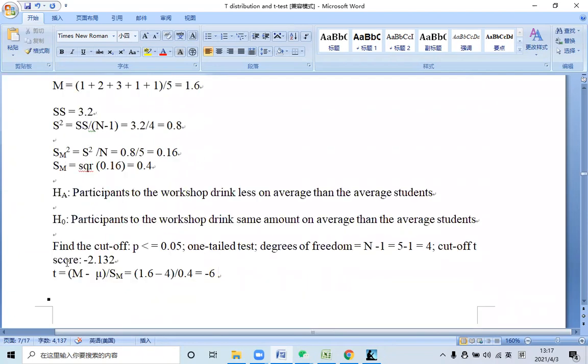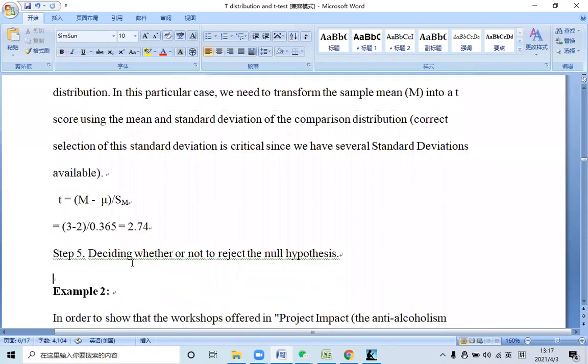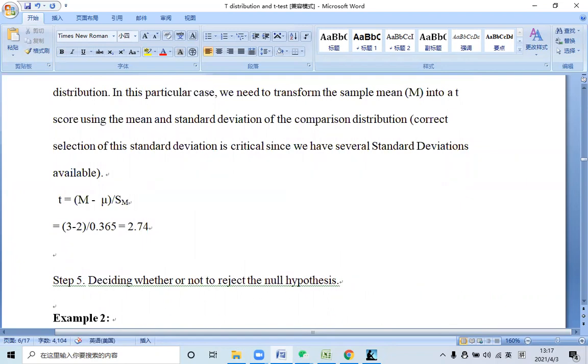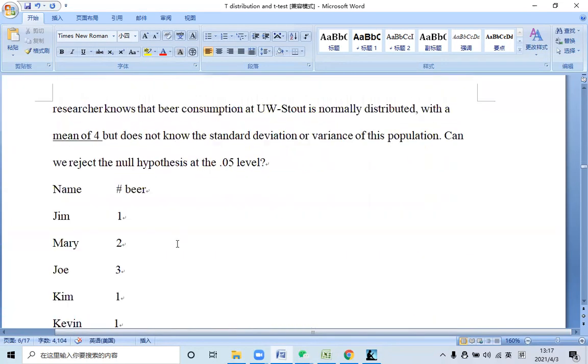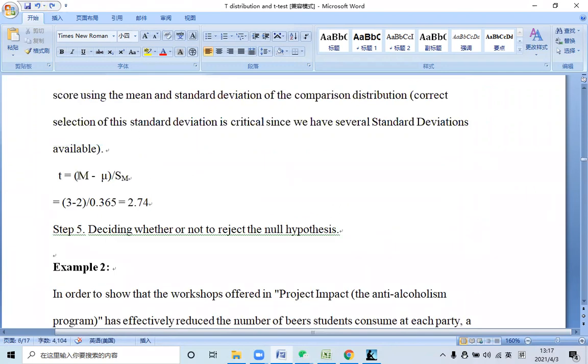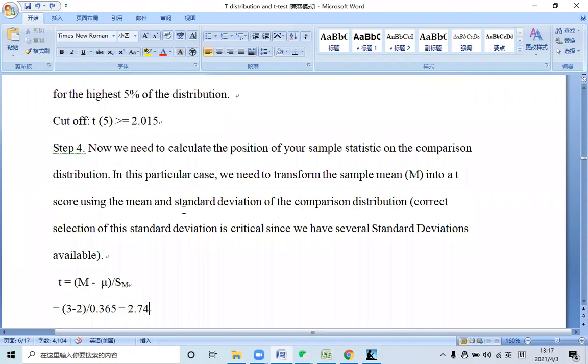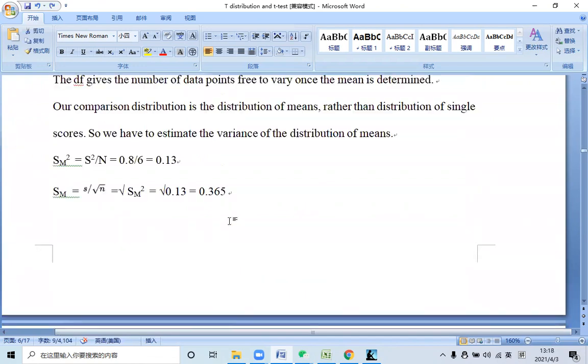Oh, I pasted this in the wrong place. Let me do it again.